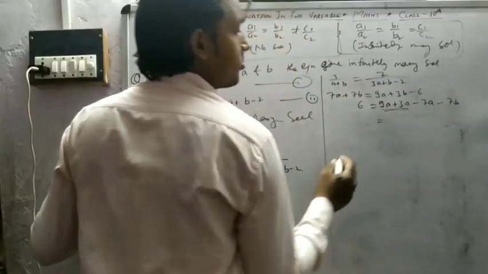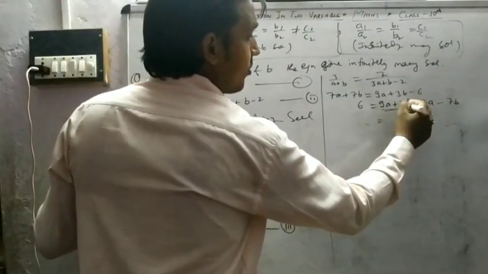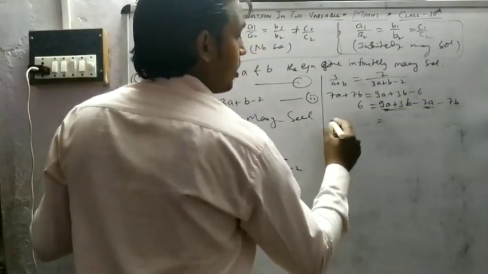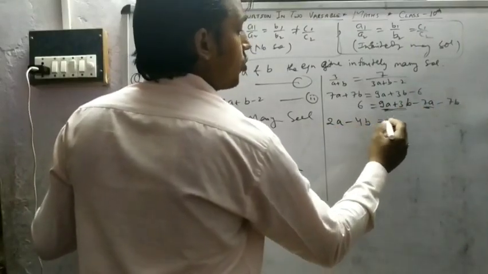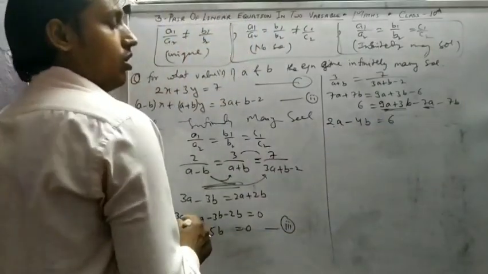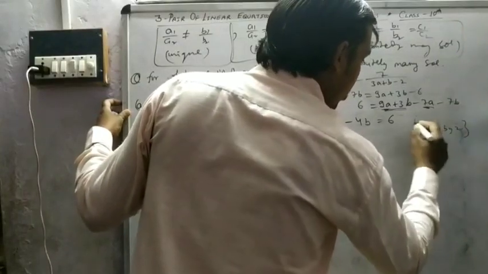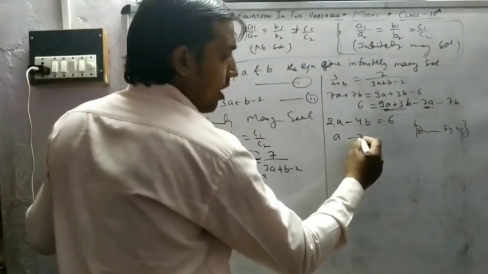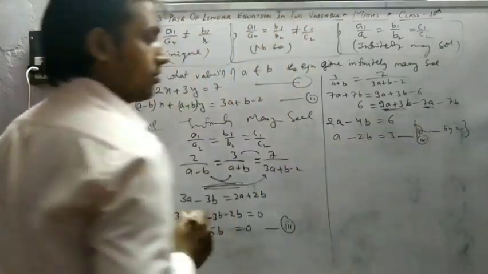So that is 9a minus 7a, 2a, 3b minus 7b, minus 4b is equal to 6. 2 is common, so we divide by 2. So what you get is a minus 2b is equal to 3, equation number 4.